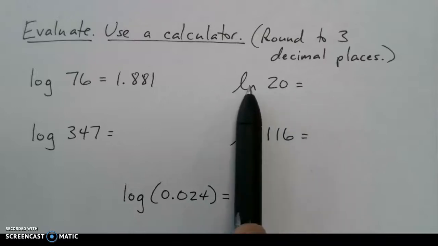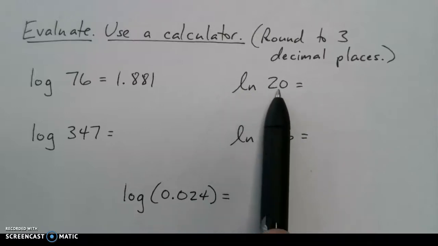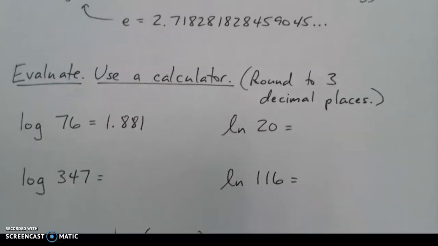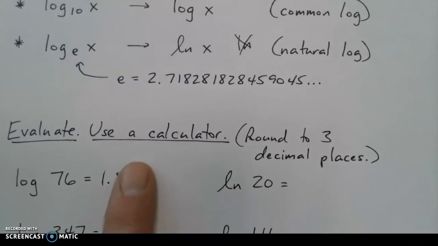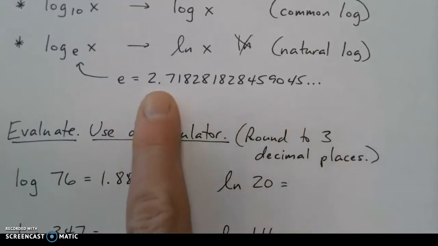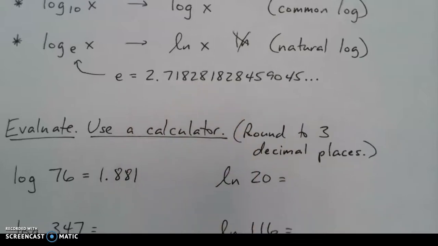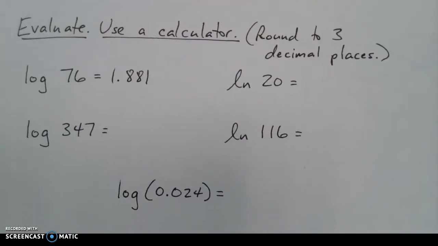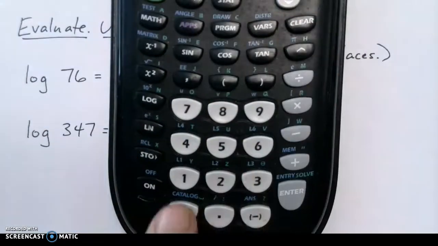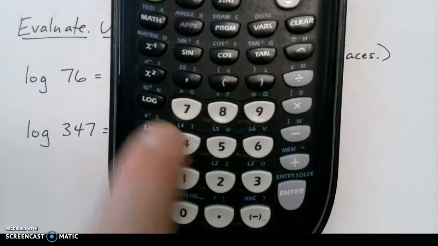Let's jump over here and do natural log of 20, log base e of 20. What power of this crazy irrational number, 2.718, etc., will give me 20? The calculator will find that if I type in natural log, ln of 20.